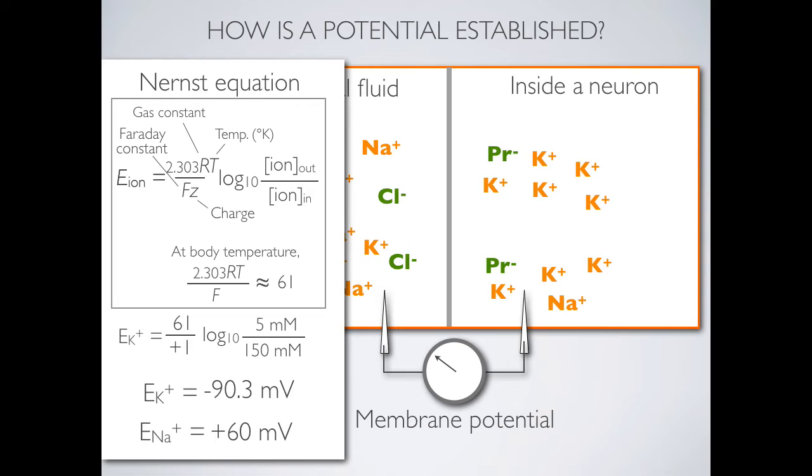But you can think about it mathematically, or in terms of charge from the inside to the outside of the cell. The bottom line is that the valence of your ion doesn't dictate the sign of your voltage. You can have negative chloride create a positive or a negative equilibrium potential. It just depends on the relative concentration of that ion across the membrane.